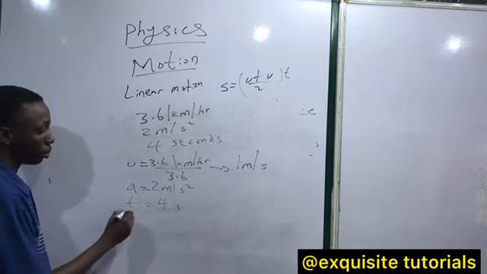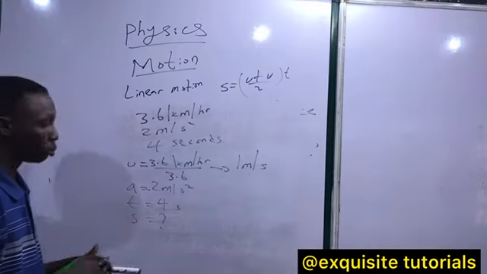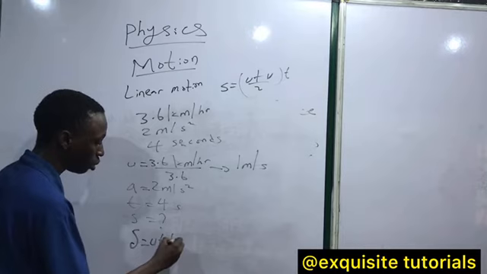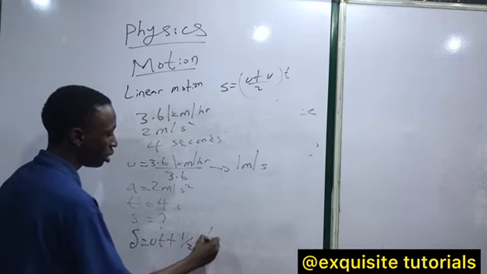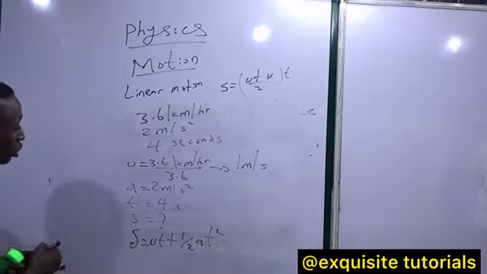Now, we're looking for what? Distance. Now, if you have guessed correct that we're using the equation of motion that goes like this, S is equals to ut plus 1 over 2 at squared, then you are very correct. So we'll substitute everything into this equation.